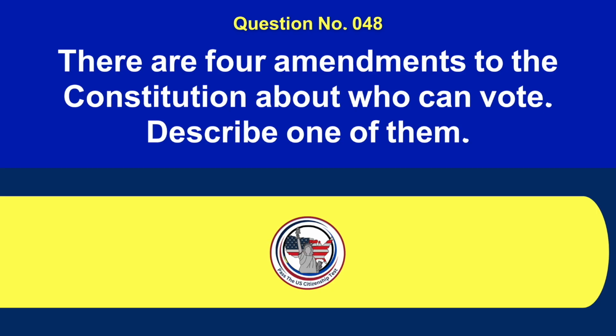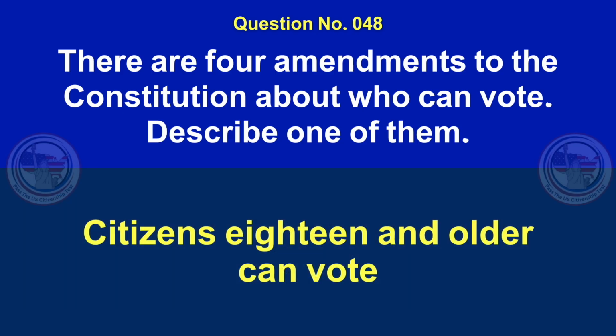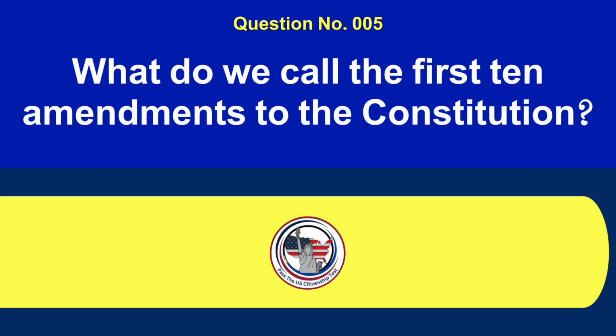There are 4 amendments to the Constitution about who can vote. Describe one of them. Citizens 18 and older can vote. What do we call the first 10 amendments to the Constitution?